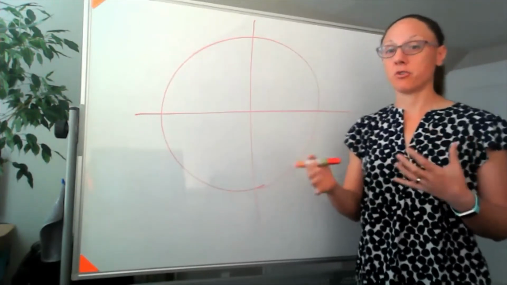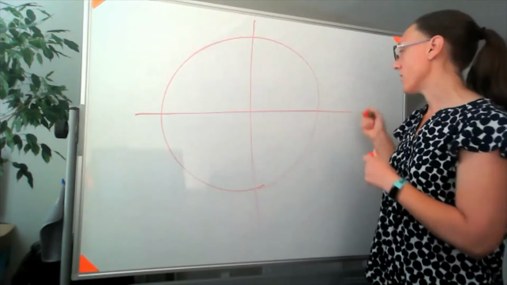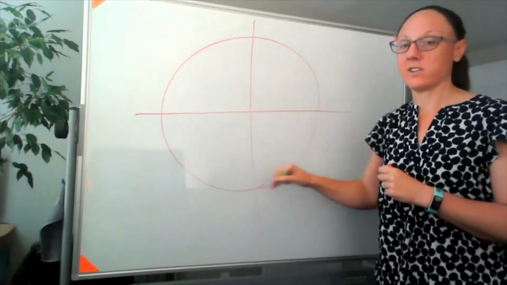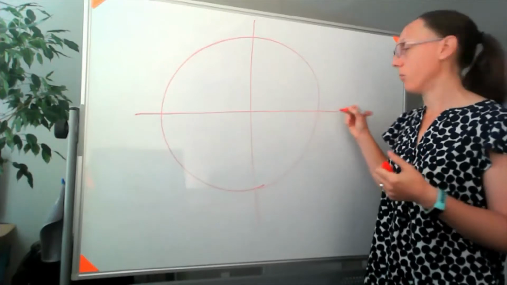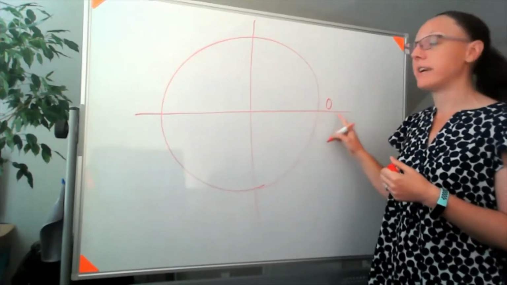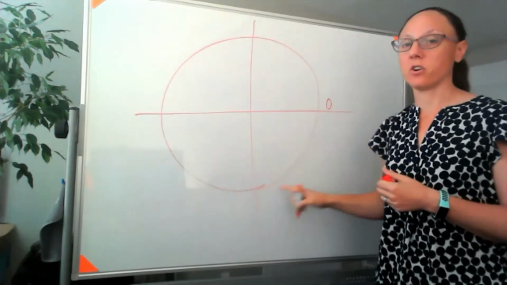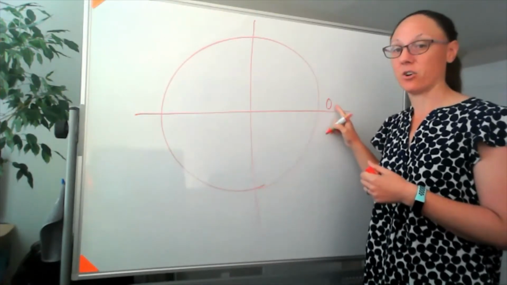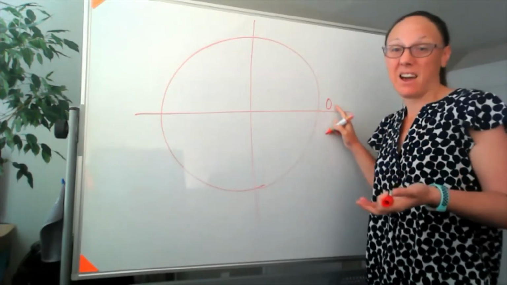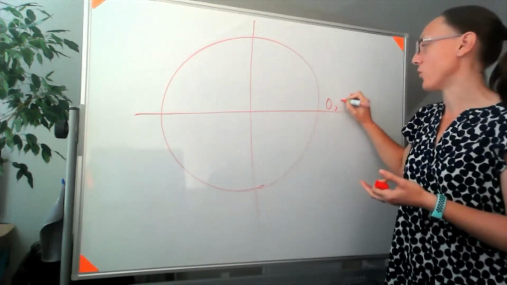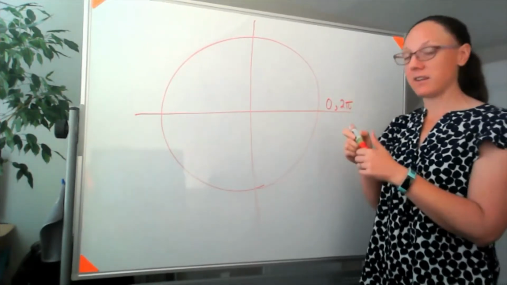In terms of trig, our angles start here and move counterclockwise around the circle. So we could call this 0 degrees or 0 radians. If we go all the way around the circle, we've gone 360 degrees. But because calculus only works in radians, we usually want to think about that as 2 pi radians.